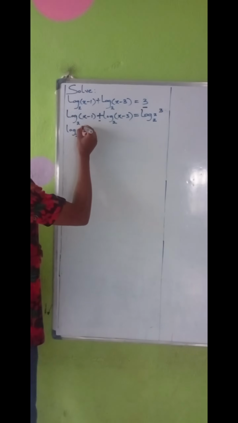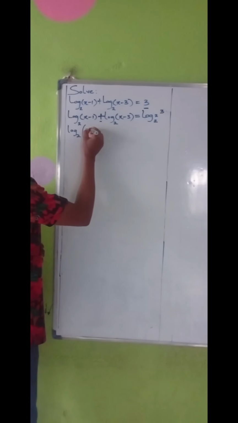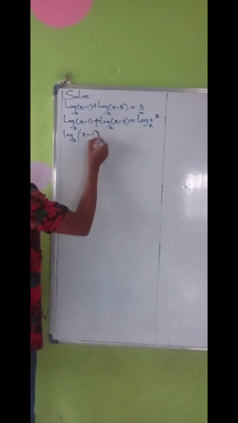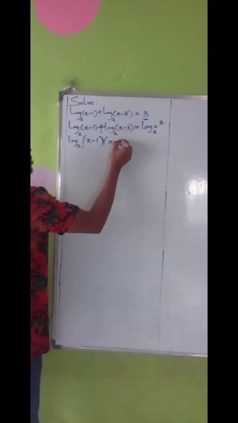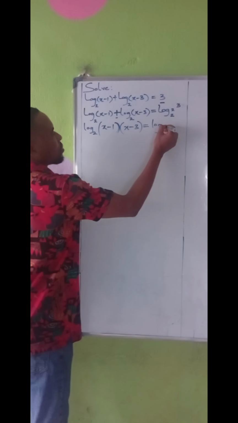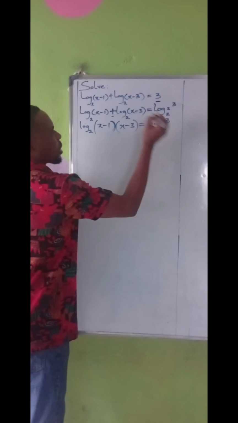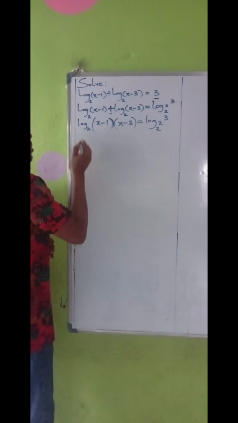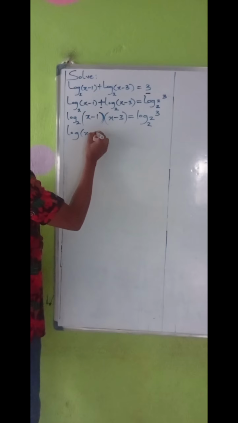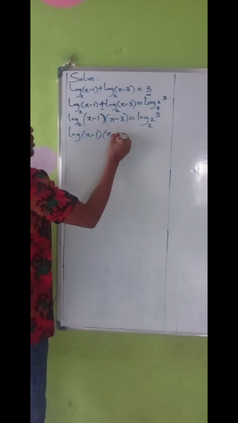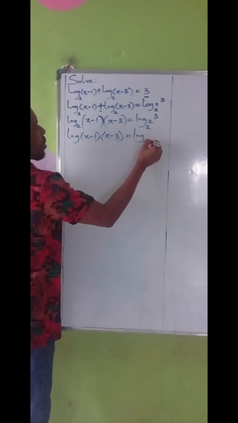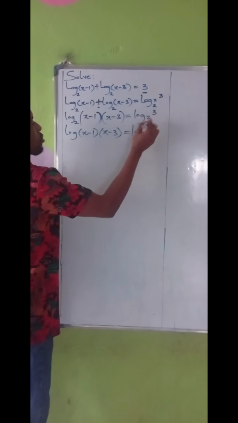So I'll write log, put my brackets, x minus 1 multiplied by x minus 3, equals log to base 2 of 2 cubed. Now I'll have log of x minus 1, x minus 3 equals, I want to change this to one number, log to base 2 of, what's 2 raised to power 3?